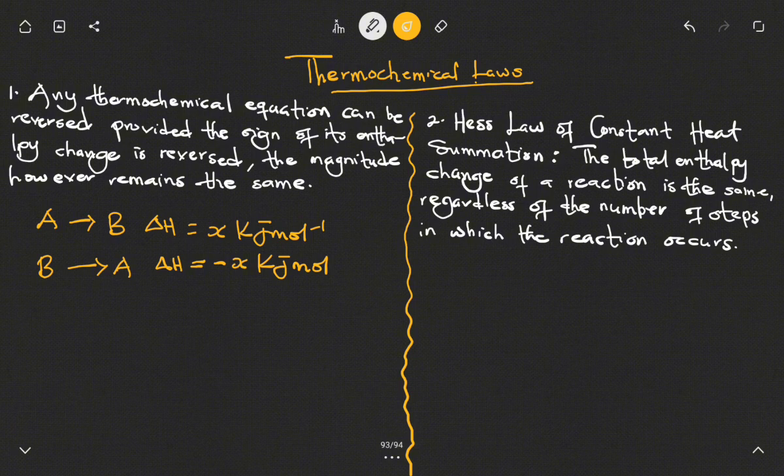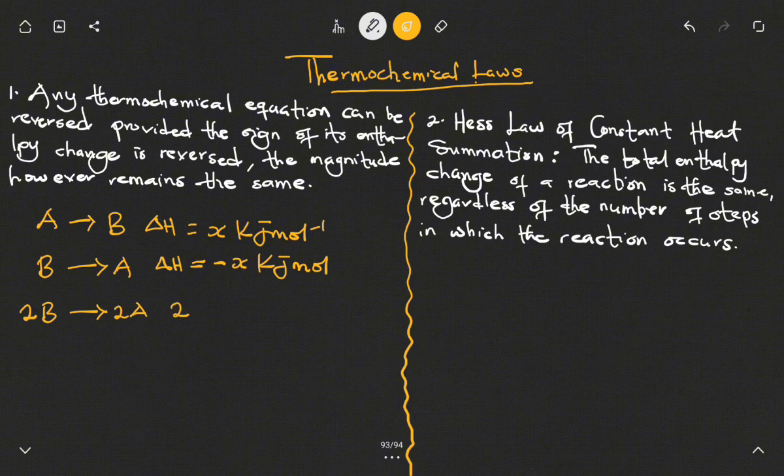Okay, now the mole is also important. So when you are multiplying any of this equation by a coefficient or a factor, then the same thing needs to be applied to the enthalpy change as well. So if I take the second equation and I decide to multiply through by 2, meaning I'll have 2B giving me 2A, the same thing has to be done to the enthalpy change.